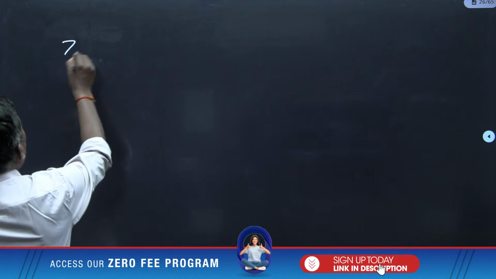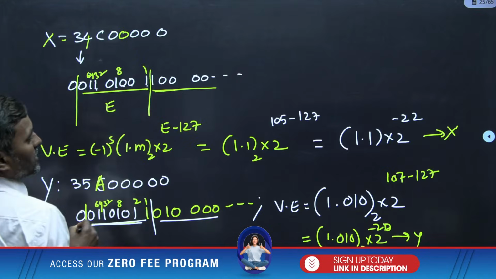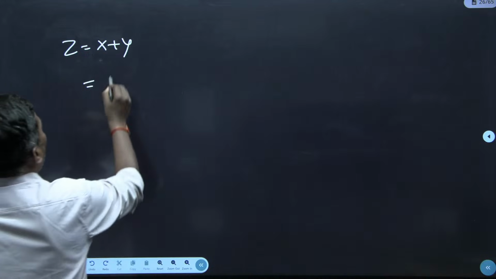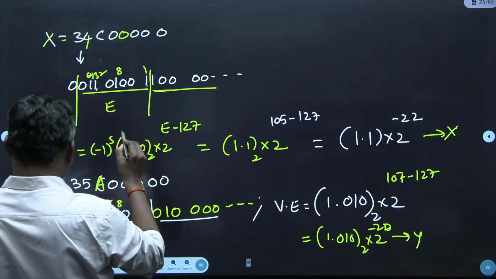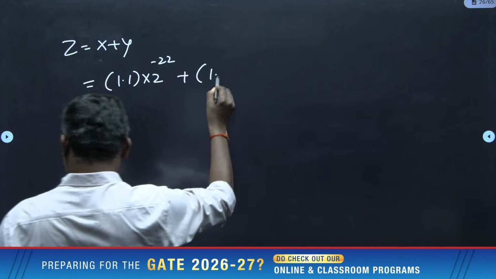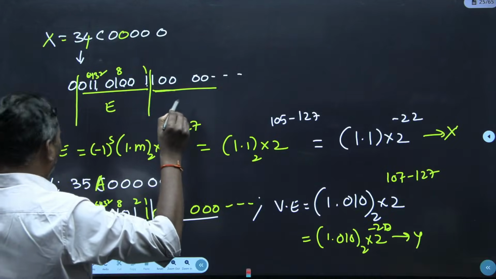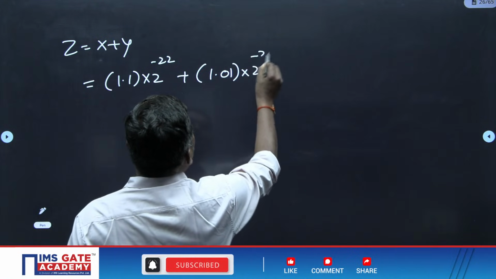Now z equals x plus y. What is the x value? 1.1 times 2 to the power of minus 22 plus 1.01 times 2 to the power of minus 20.